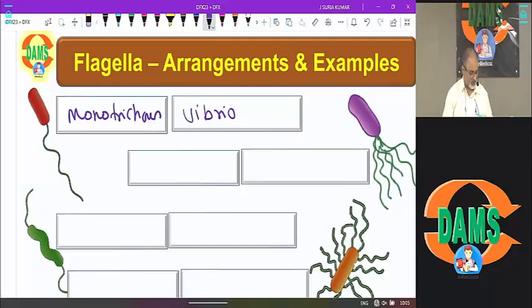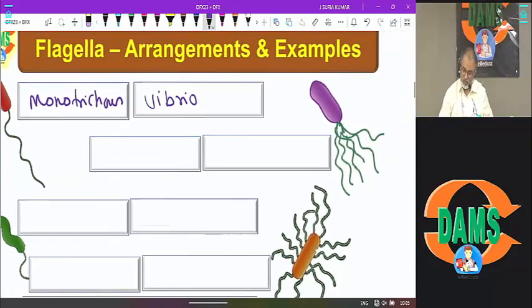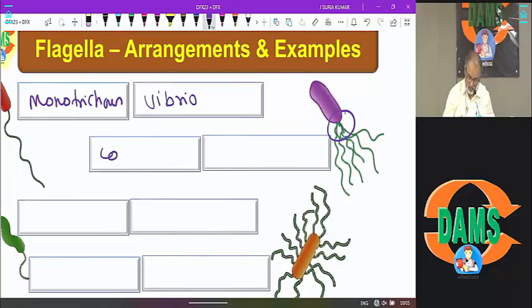Okay. Next is, what is it? Tuft of flagella at one end. It is called lophotrichous. Example, Helicobacter pylori. Excellent.